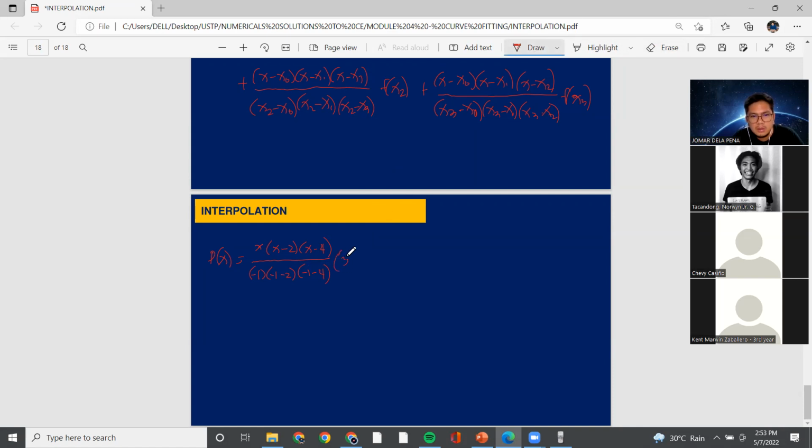Equals to 3 plus x minus x sub o is x gyapon. Then x minus x sub 1 is x minus 2. And we have x minus x sub 2, that is x minus 4 ba? X minus x sub 3, this is minus 3.